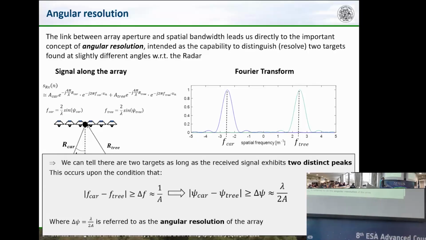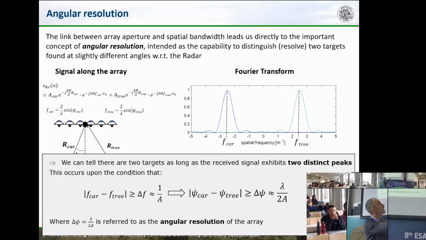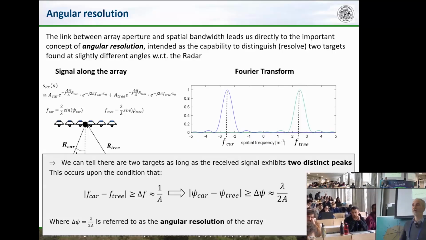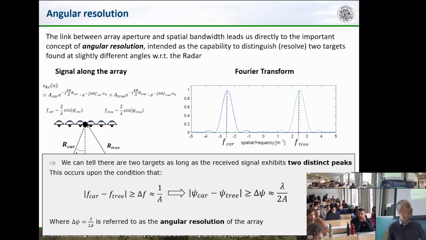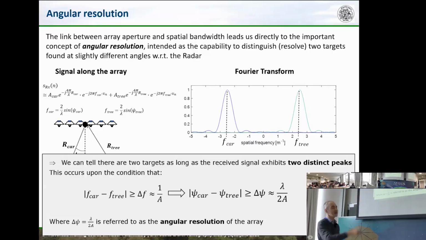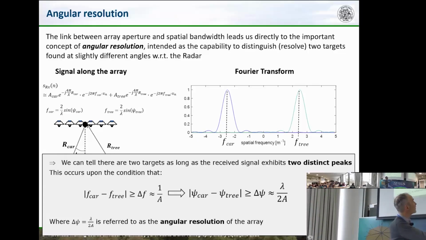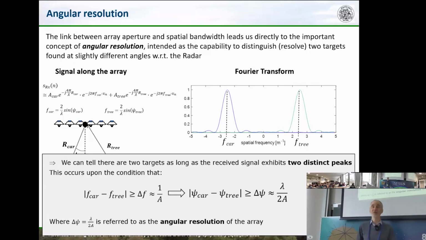So it means that the difference between the two spatial frequencies has to be larger than this spread, so it has to be larger than 1 over A. And if we account for the relationship between spatial frequencies and angles, we have that the difference between the two angles has to be larger than the ratio of the wavelength to twice the array aperture.